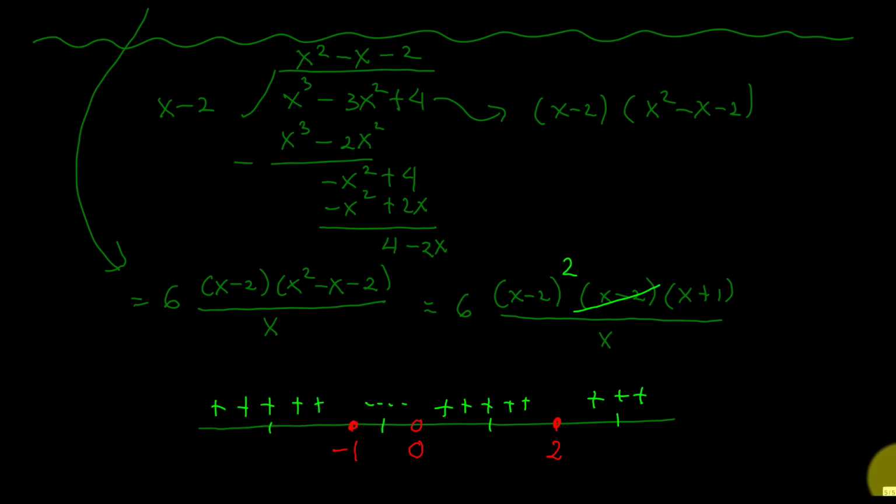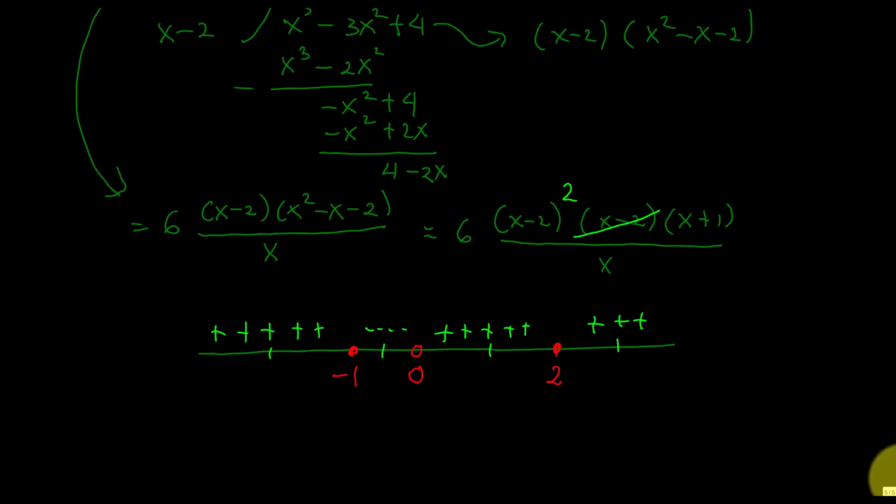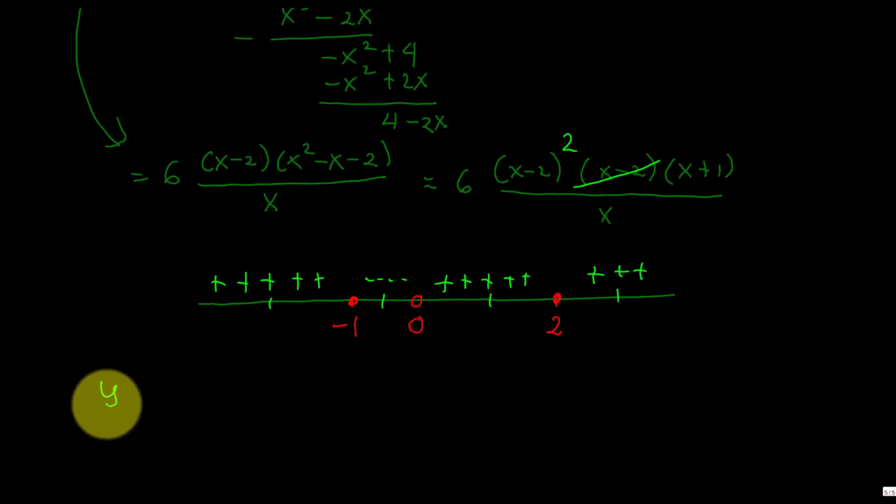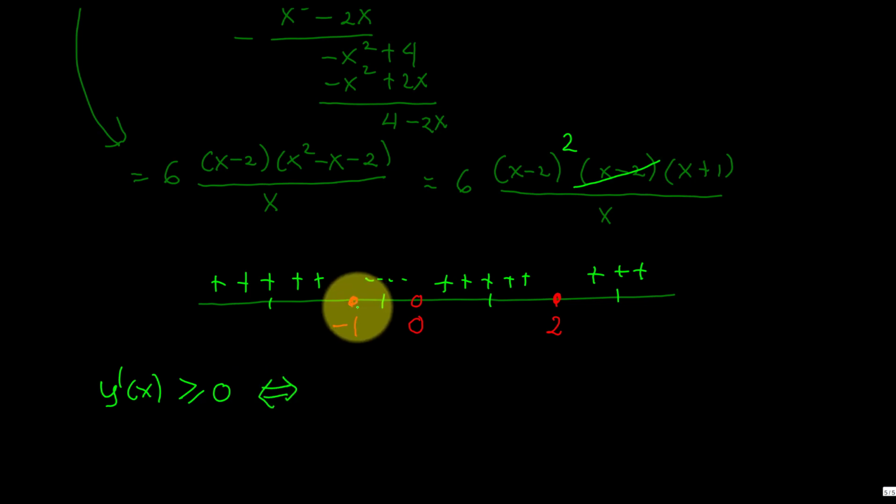If the problem is asking about y prime of x greater than or equal to 0, I think the right problem is greater or equal, if and only if. So the point where the value is exactly 0 is part of the solution.